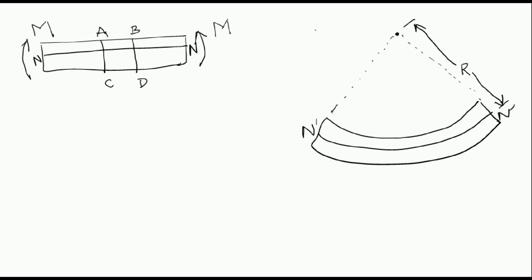After deformation, this element subtends delta theta. So now this is a dash, b dash, c dash, d dash. Let's say the length of this small element is delta x.